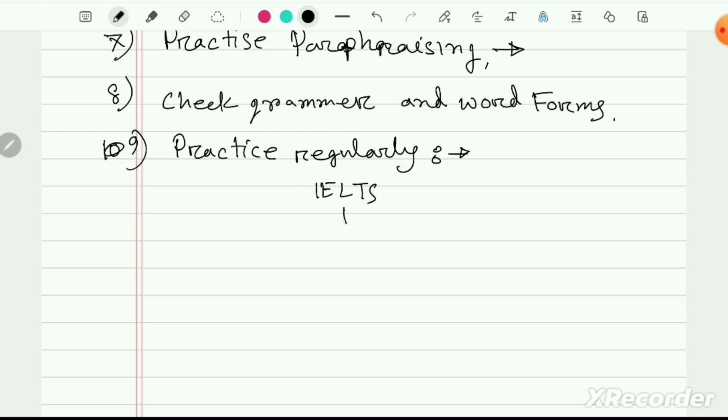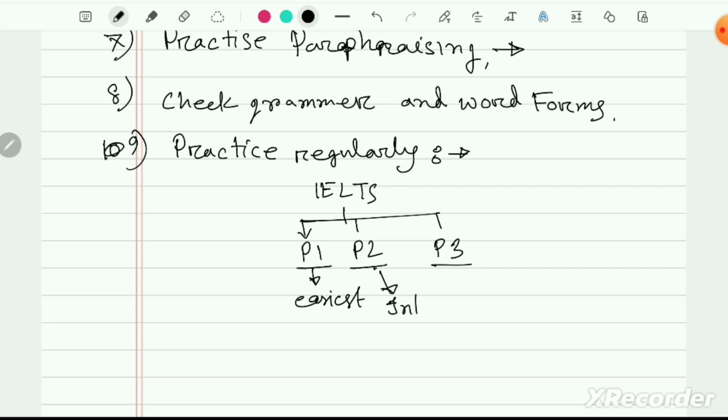In IELTS there are 3 passages: passage 1, passage 2 and passage 3. Passage 1 is usually the easiest, passage 2 is moderate or intermediate, and passage 3 is difficult.